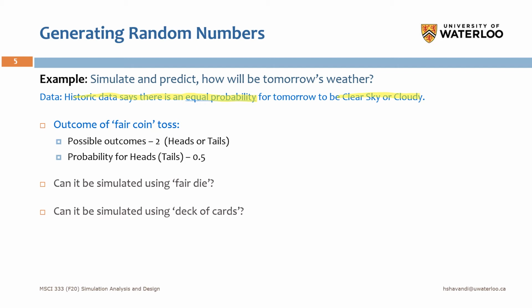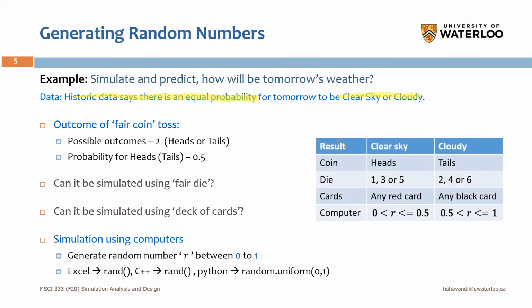So we toss a fair die, and if it lands up with odd or even numbers, we can say what tomorrow's weather will be, with 50% chance equally. Or we can use a deck of cards. How? Think about it. Or we can use the RAND function in Excel.